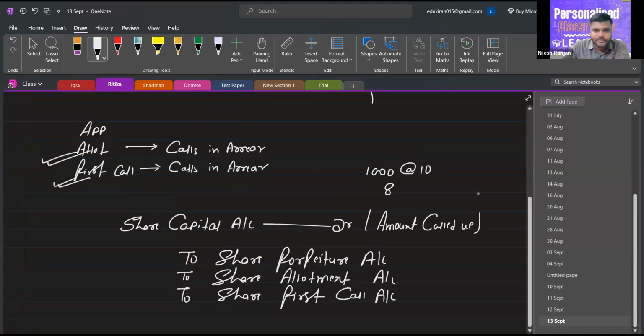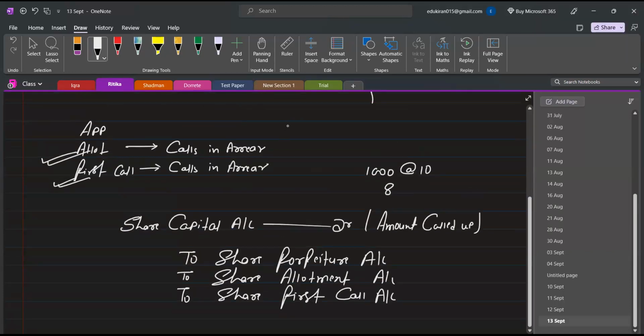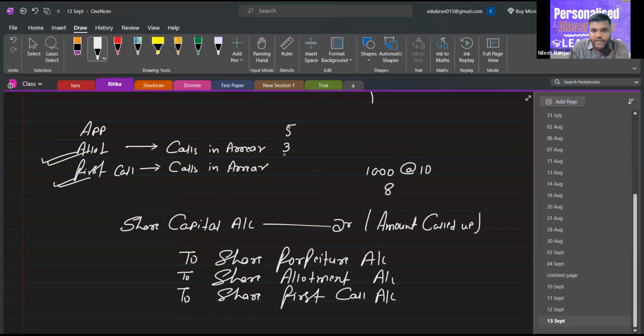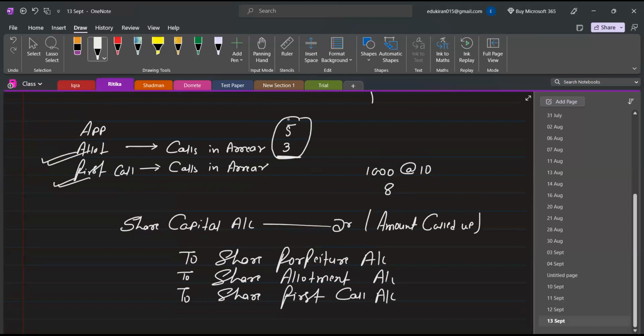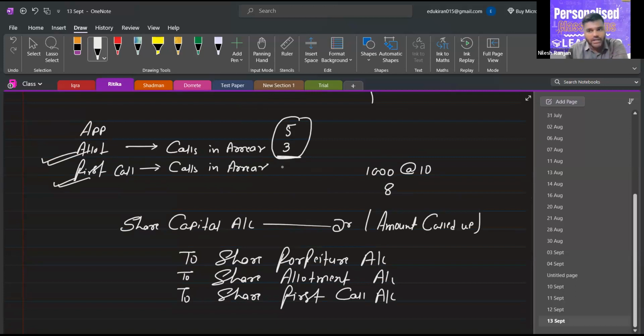Let's say on application it is 5, on allotment 3, and we have immediately forfeited the share after allotment. So we have asked only ₹8. On those shares, the remaining ₹2 is not demanded by the company, and it has not been transferred to share capital. So only ₹8 for the related share is transferred to share capital, and we will cancel only ₹8. That's why amount called up.